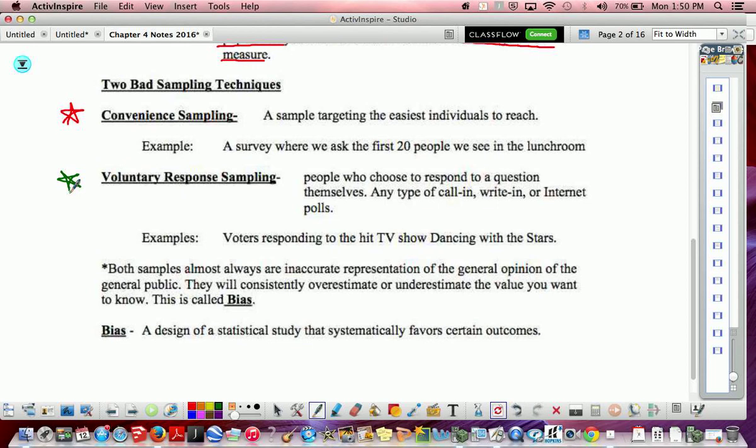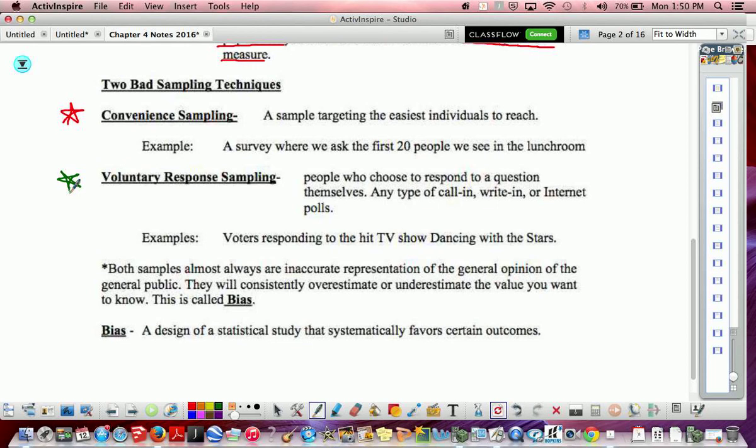When people volunteer their responses, it tends to be biased because people who are going to actually take the time to do it feel strongly about the issue in one direction or the other. We'll see some examples of this more today. The example here is voters responding to the hit TV show Dancing with the Stars.